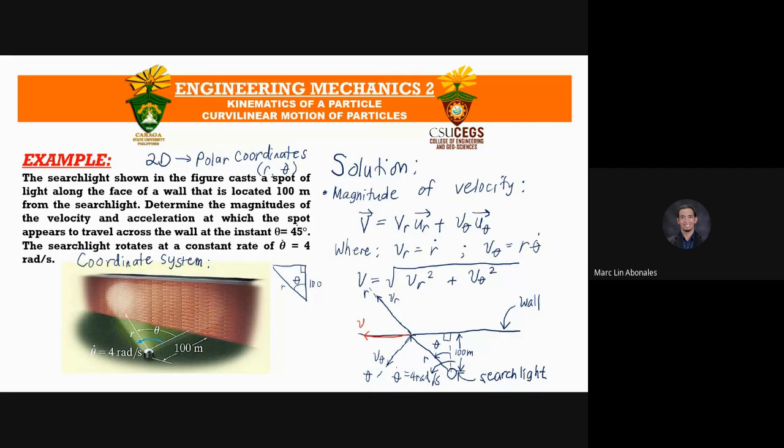Based on the drawn right triangle and the given variables and the value 100, what trigonometric function can we apply here? Cosine.